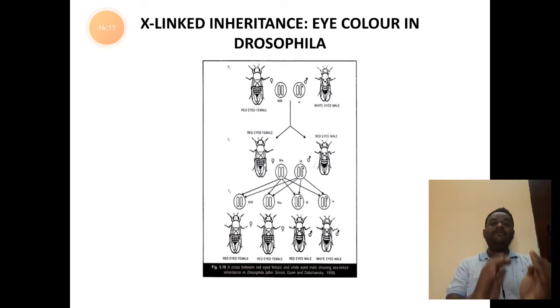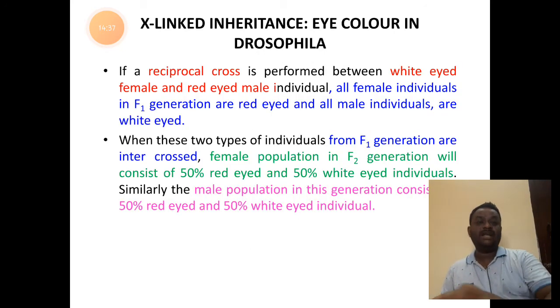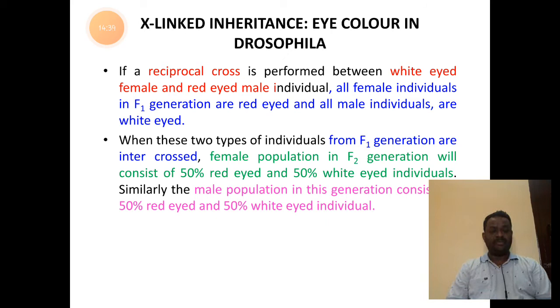Among the males 50% were red-eyed and 50% were white-eyed. So among all the F2 individuals, 75% were red-eyed, including both females and males, whereas the white-eyed 25% were only males. That is the 3:1 ratio.